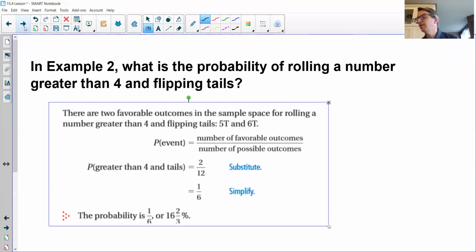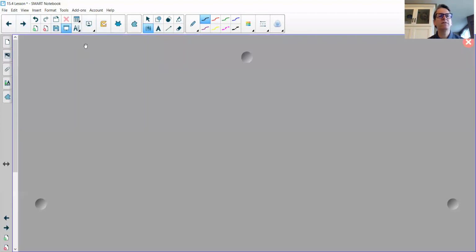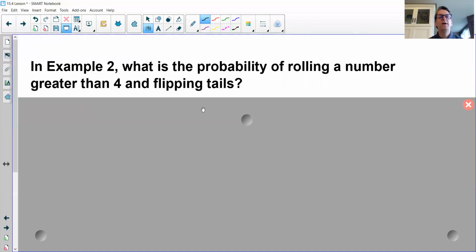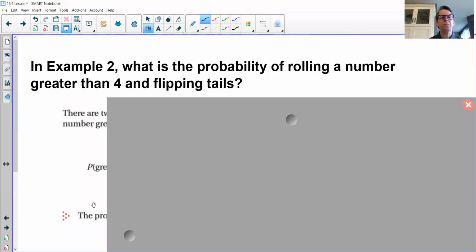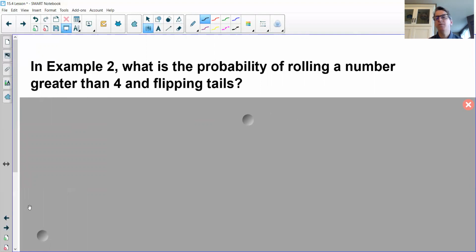Finding the probability of a compound event. So let's take a look at the question first. In example 2, what is the probability of rolling a number greater than 4? So you're going to roll a number that's greater than 4. And if you look back at example 2, we had 12 possible outcomes.